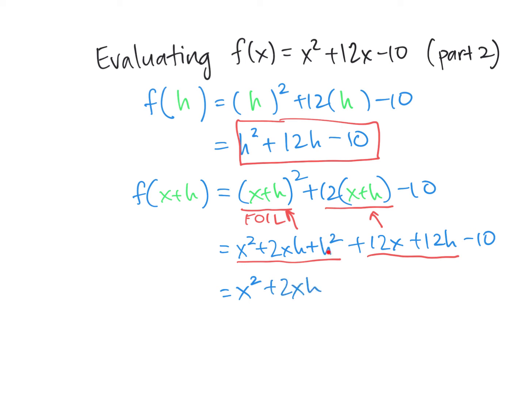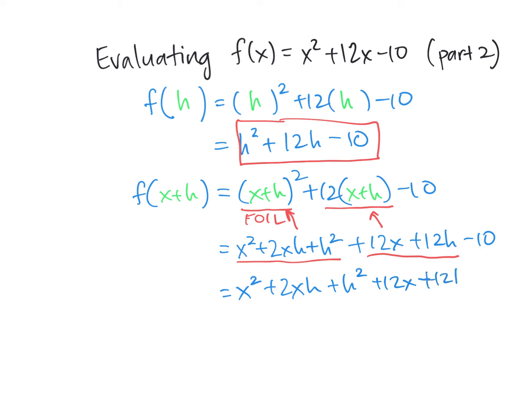Same thing for h squared. Look down the road. Are there any other h squareds? Nope. So we have plus h squared. I've got 12x's here. Are any of the rest of the terms plain old x's? Nope. Plus 12x. And by now you're probably expecting it.